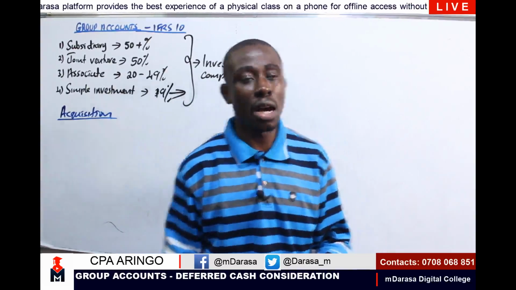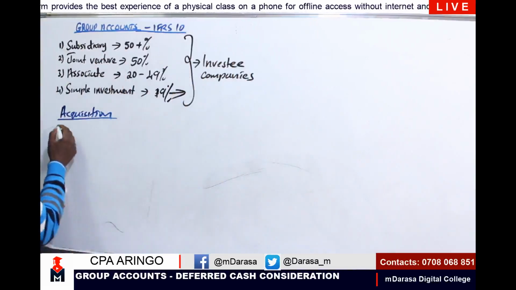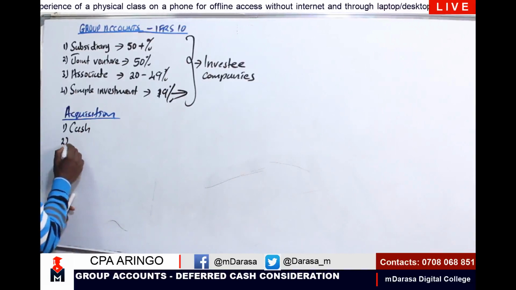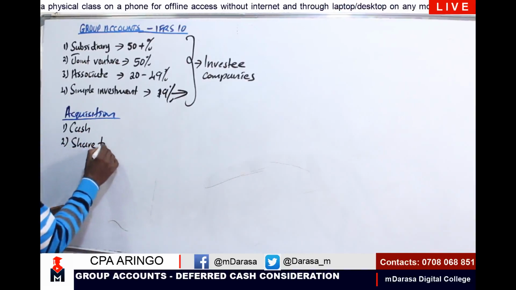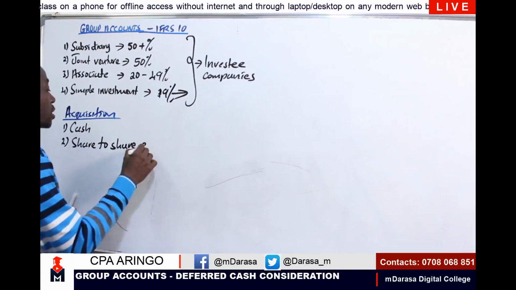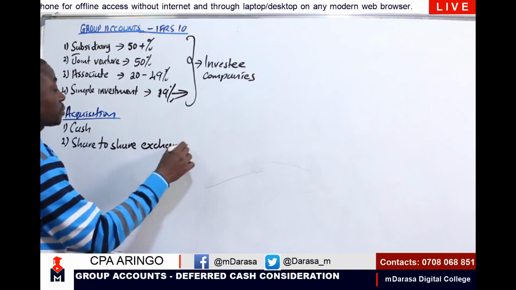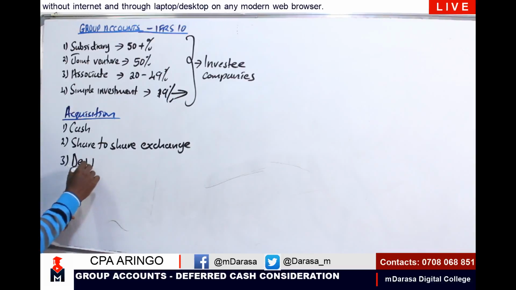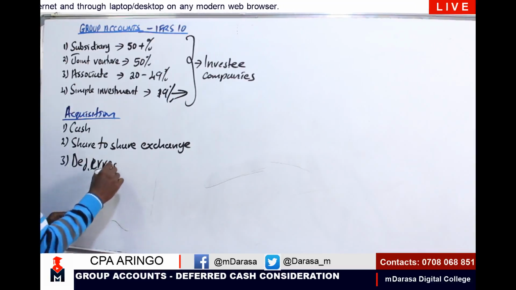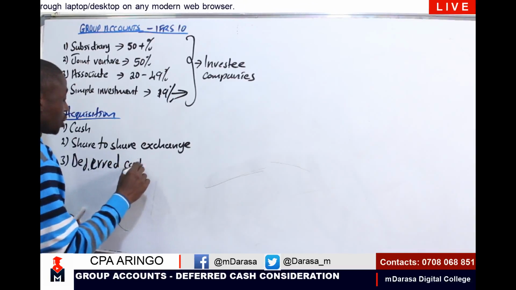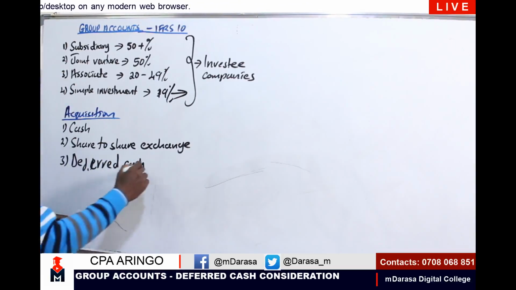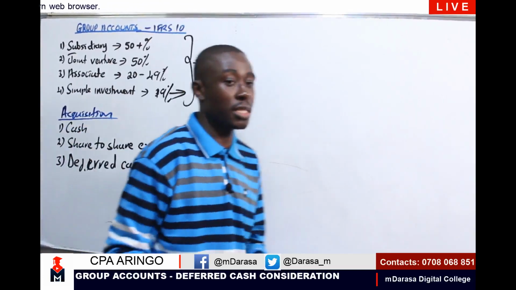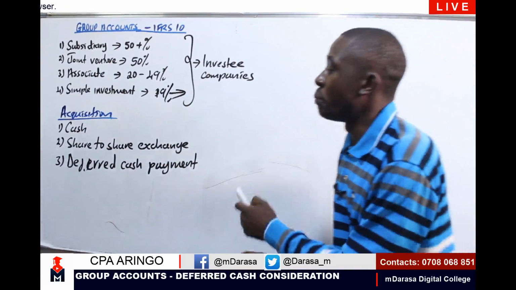These other avenues include, number one, paying cash at once. Number two, a share-to-share exchange. Number three, deferred cash payment, where I'll be paying partially, which at times you can also refer to as piecemeal acquisition.